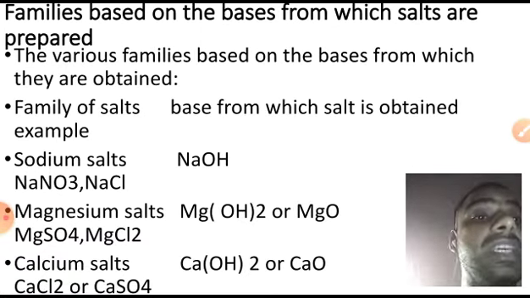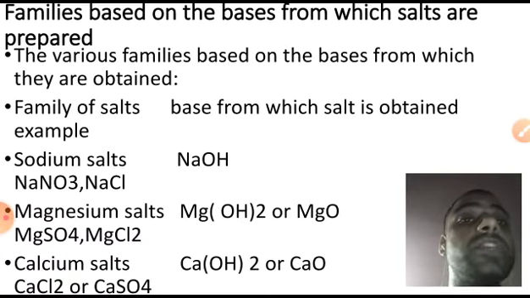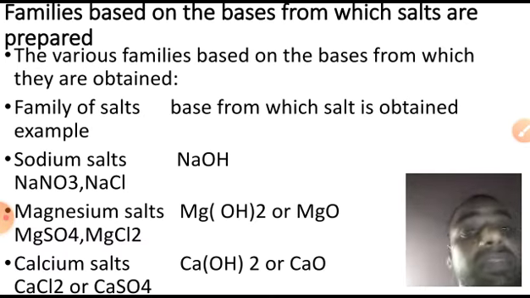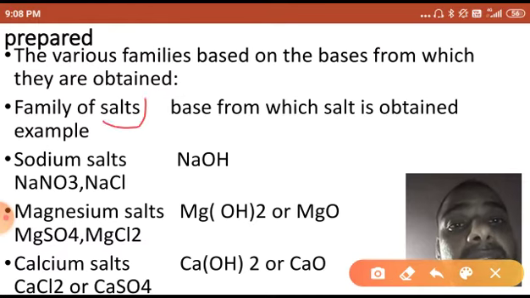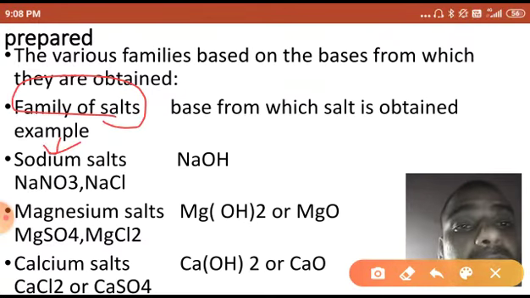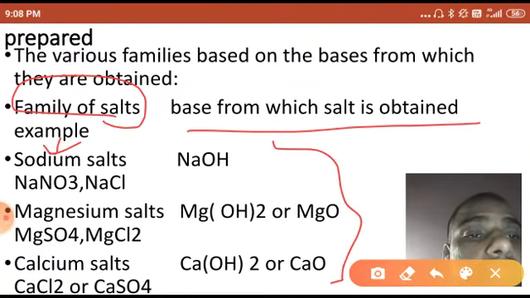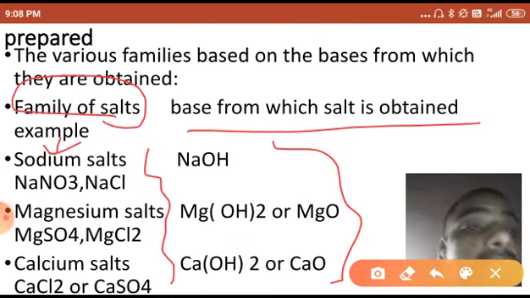But here, for the first time, I am discussing families based on the bases. If bases are there, then we can write the family also, okay? Here I have written the family of salt and examples together. I have taken 3 bases, and here I will define the families of salt with examples.